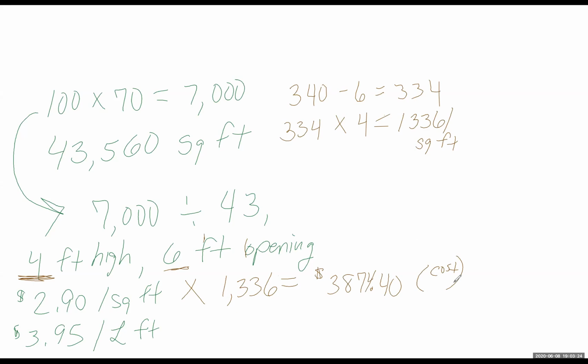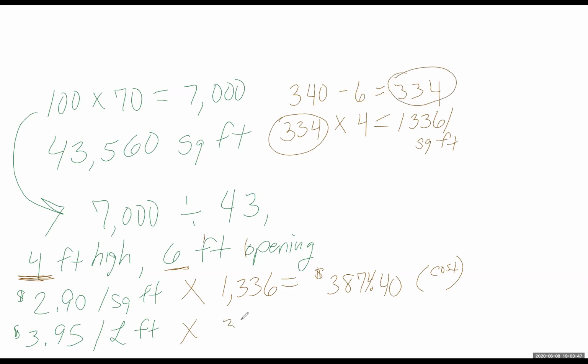All right, and now we need to have the fence installed. So $3.95 per linear foot times what? How many linear feet did we have? $334. Right, 334.